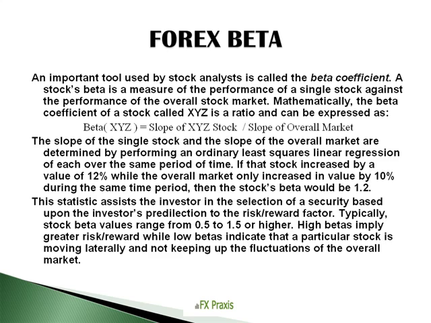This statistic assists the investor in the selection of a security based upon the investor's predilection to the risk-reward factor. Typically, stock beta values range from 0.5 to 1.5 or higher. High betas imply greater risk-reward, while low betas indicate that a particular stock is moving laterally and not keeping up with the fluctuations of the overall market.